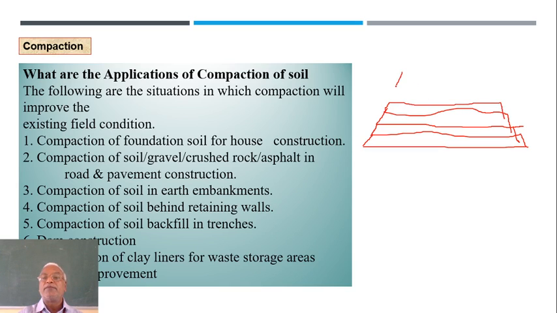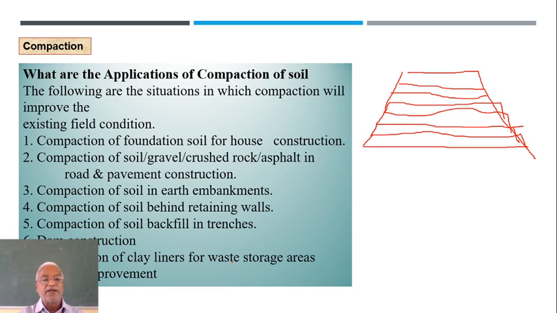Ultimately it may become an earthen dam or an embankment for a road or something like that. So layer by layer the soil is added and compaction is done in the case of earthen dam construction or road embankments also. Then compaction of soil as backfill in trenches, right. So dam construction is done.